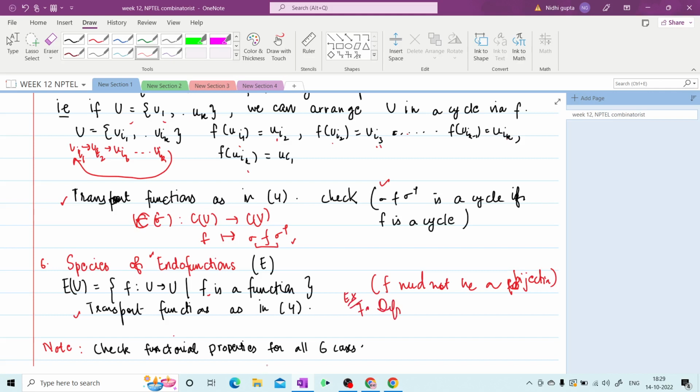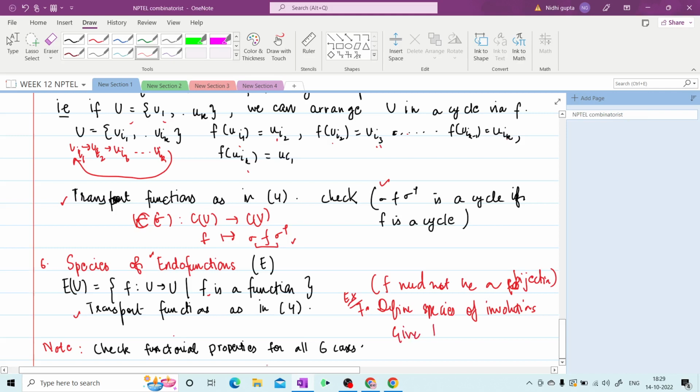Define the species of involution in a similar manner. That is, give transport functions and check functoriality.